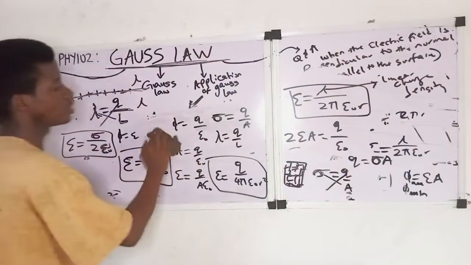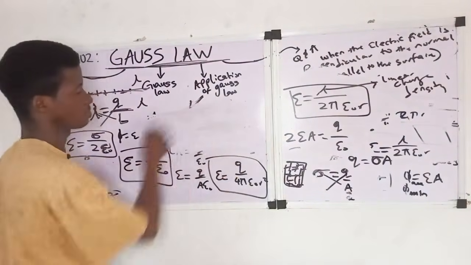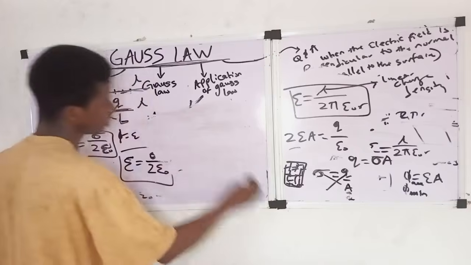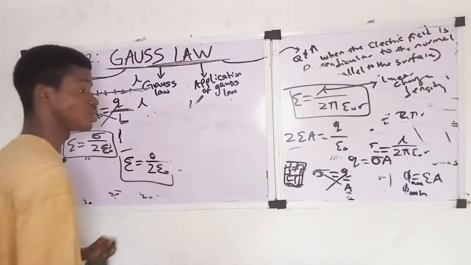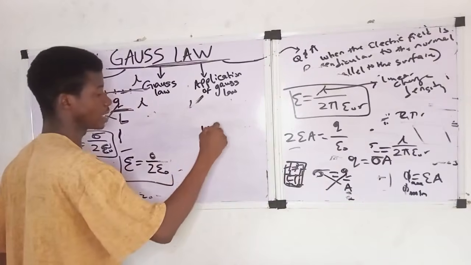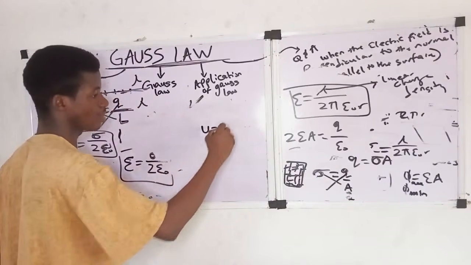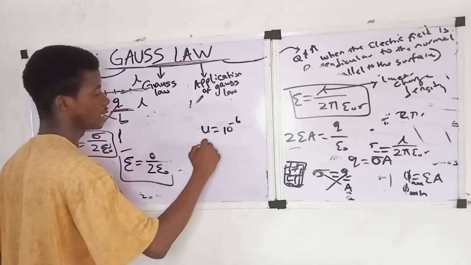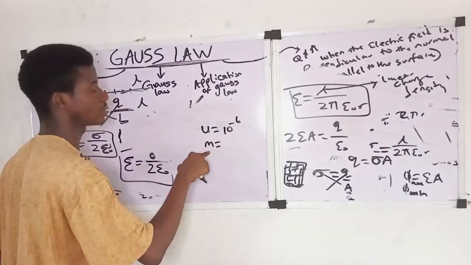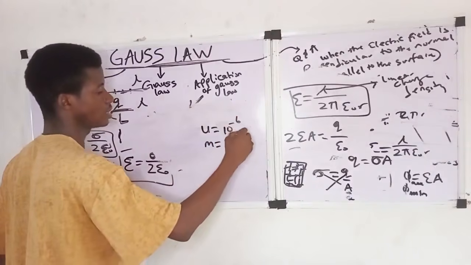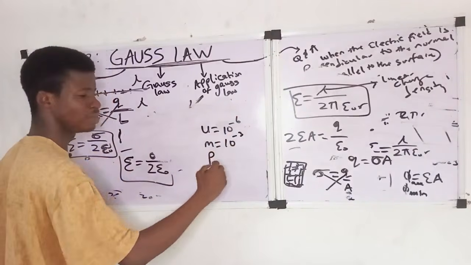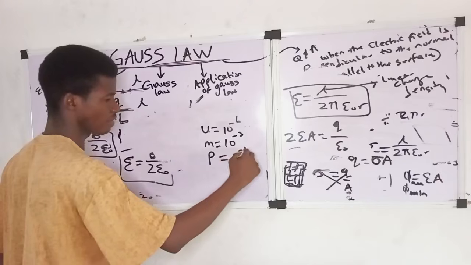One more thing I need to tell you guys. I think you know this symbol now. This is micro, and micro is 10 raised to minus 6. This is milli, which is 10 raised to minus 3. P is pico, which is 10 raised to minus 12.